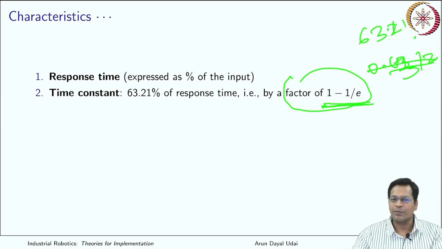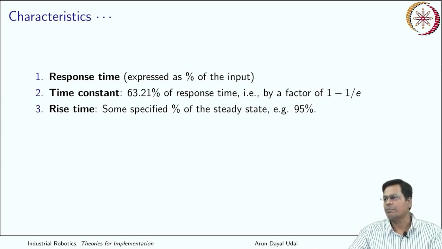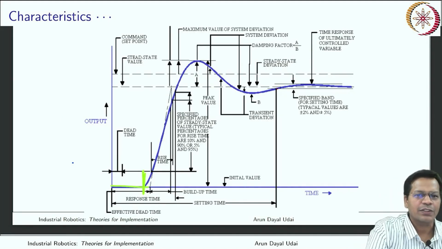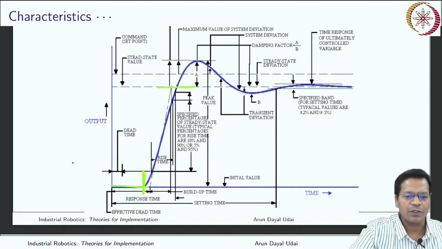This is this much percent of your response time, and then you have a rise time. Rise time is specified as a percentage of steady state. Normally it should reach till here, so this is the time from here to here.